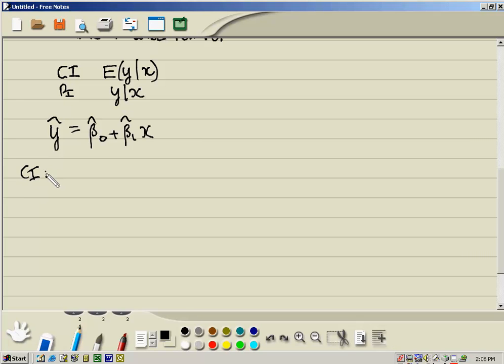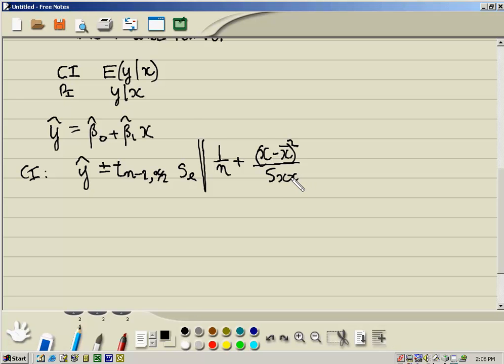And then for the confidence interval, we use that value as the midpoint, the y-hat, plus or minus an appropriate t-value, n minus 2 degrees of freedom, half of alpha in each tail, times s of e, the standard deviation of the errors, times the square root of 1 over n plus (x minus x bar) squared divided by the sum of squares of x.